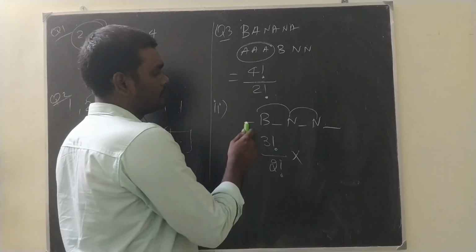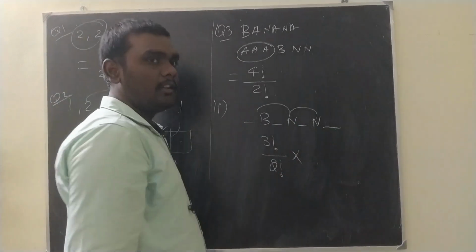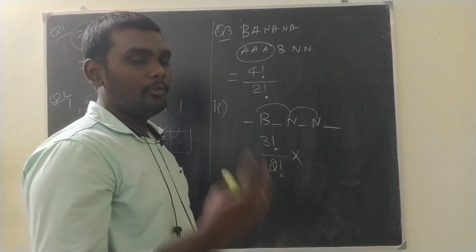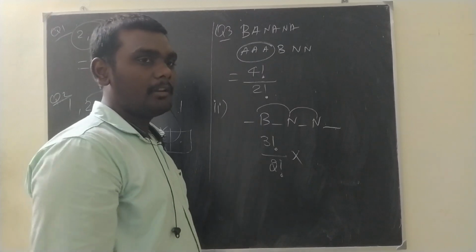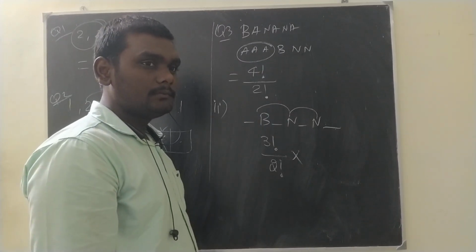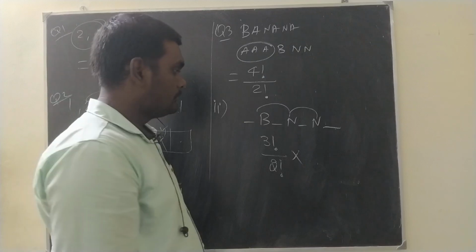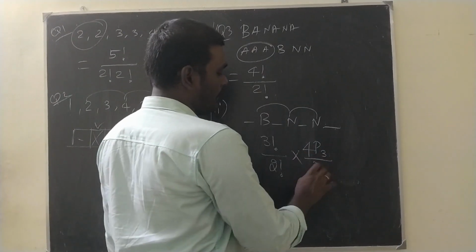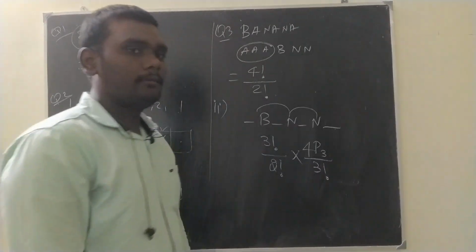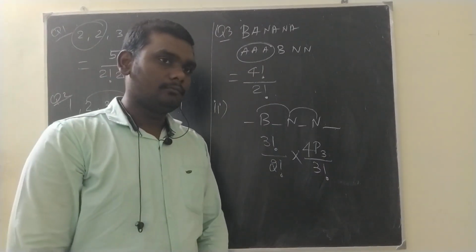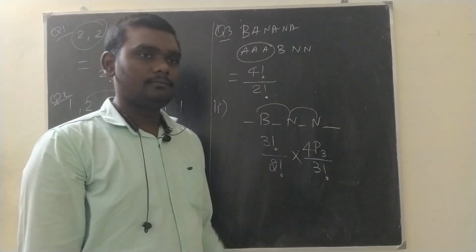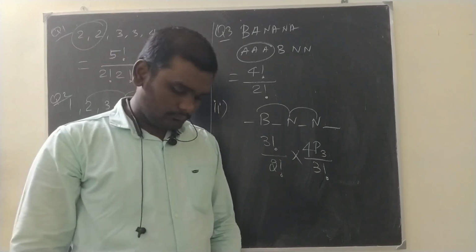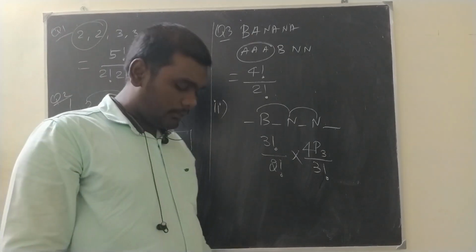There are 4 places, and in that we are filling 3. So the number of permutations is 4P3 by 3 factorial, because the 3 similar things are A only that we are filling.